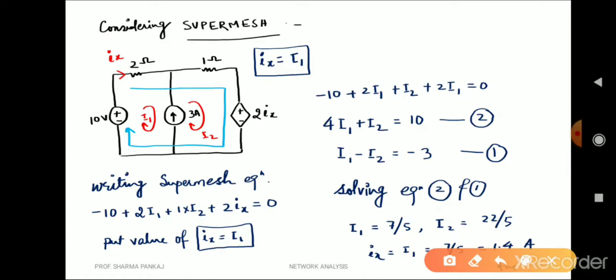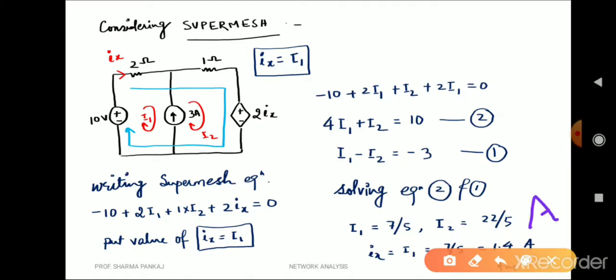Now solving equations 1 and 2, I1 is coming to be 7 by 5 ampere, I2 is equal to 22 by 5 ampere.